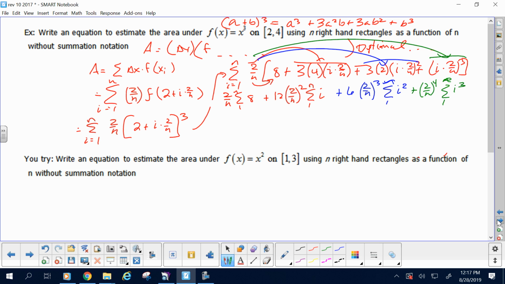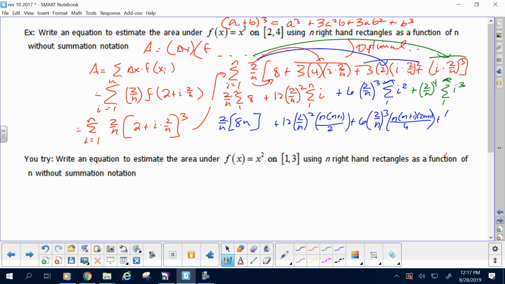One more step. Okay, so replacing now each summation with the formula: 2 over n times 8n, a total sum of 8n. Then 12 times 2 over n quantity squared times what formula for the sum of a bunch of first degree numbers? n times n plus 1 over 2, plus 6 times 2 over n quantity cubed times the formula for a bunch of squares: n times n plus 1 times 2n plus 1, all over 6.